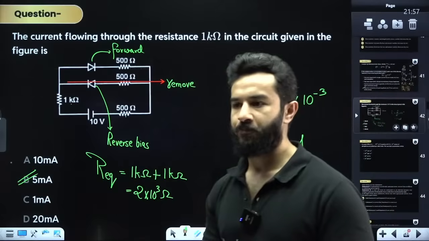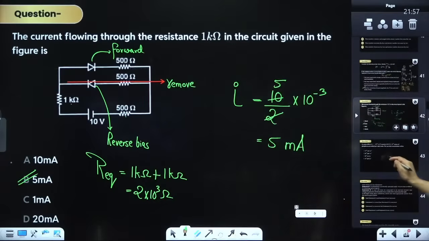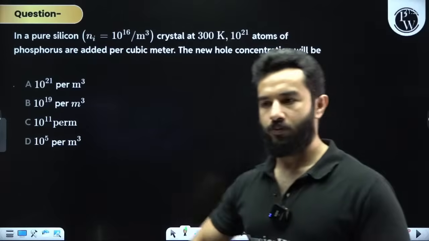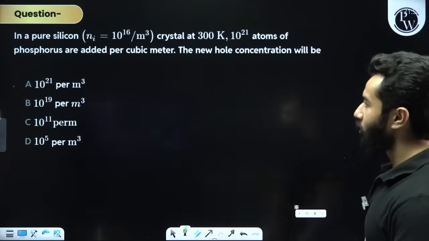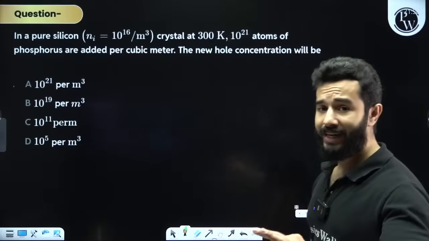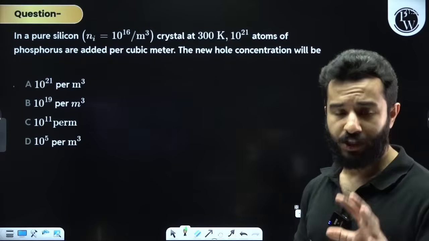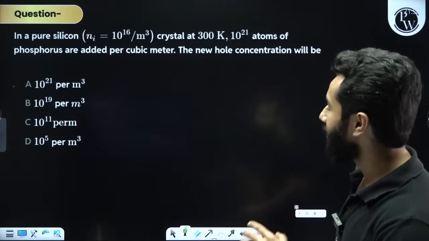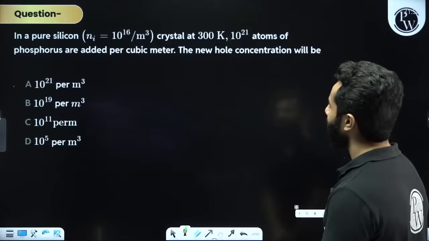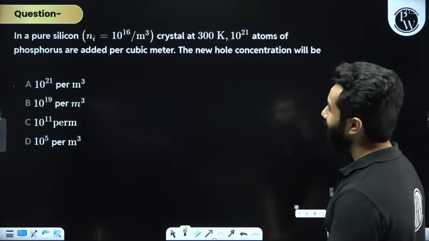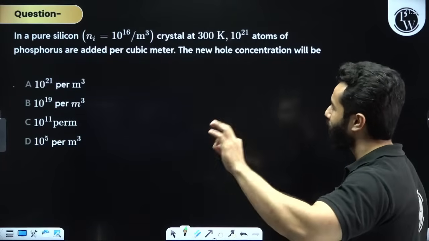Alright, clear? Any doubt, doston? Moving on to the next one from semiconductors. A pure silicon crystal has intrinsic charge concentration Ni of 10 to the power 16 per meter cube at 300 Kelvin. 10 to the power 21 atoms of phosphorus, which is group 15, are added per cubic meter.